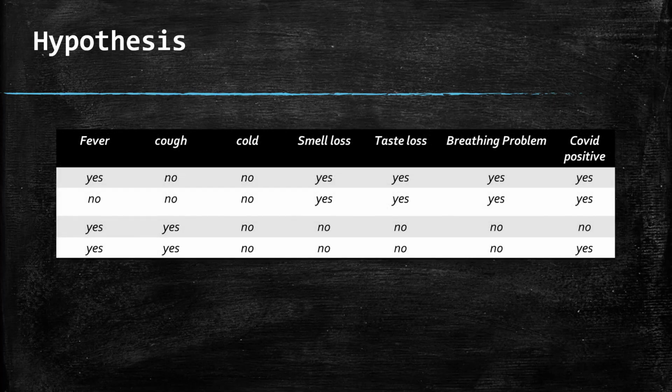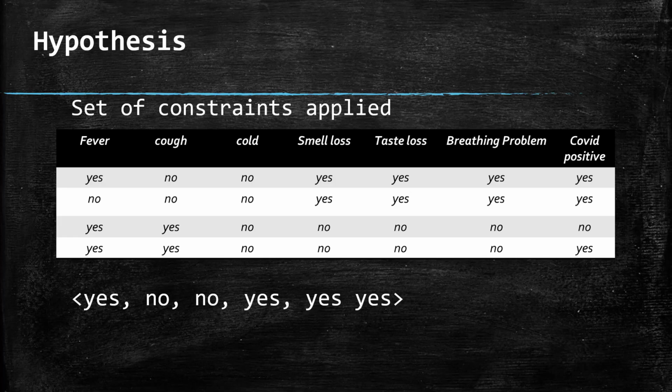Now, for example, if you see the data that we have taken, there are 4 examples. We can form 4 hypotheses. In other words, a hypothesis is a set of constraints applied. Now, this is a hypothesis. In this hypothesis, we are applying a constraint on the value of fever. Fever can take the values yes or no. But here I am applying a constraint saying that the value should be yes.